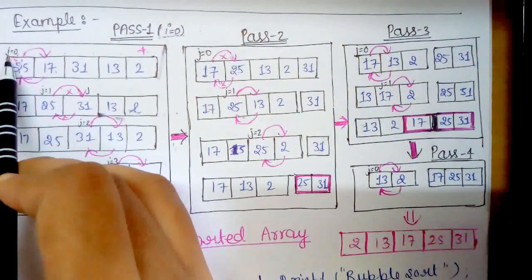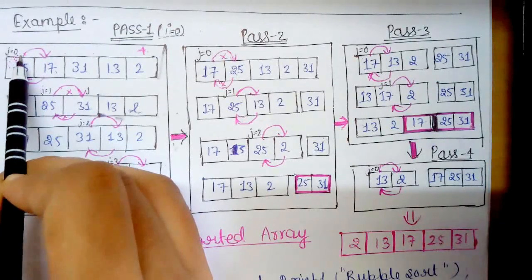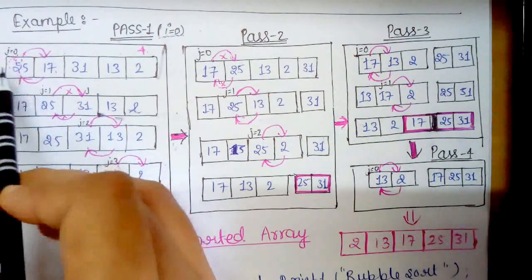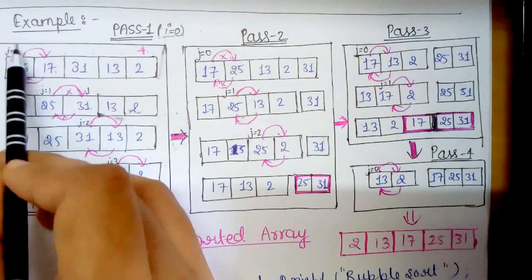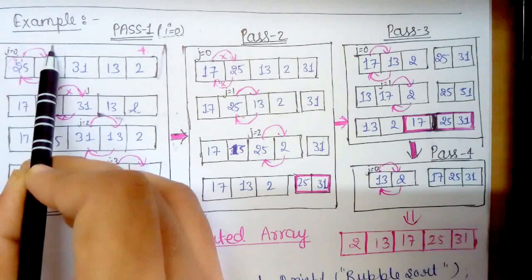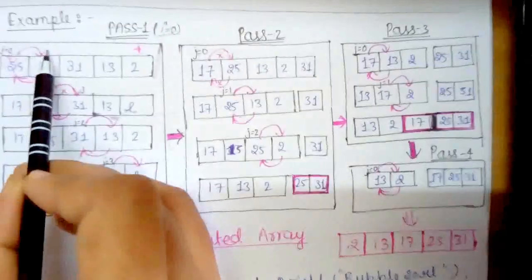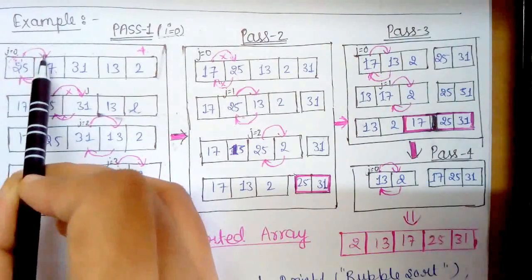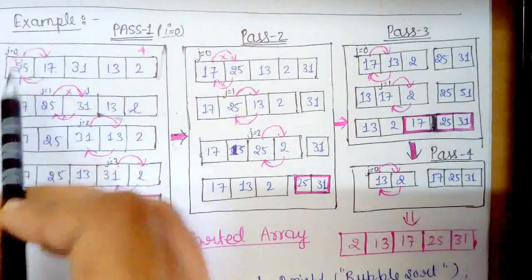I will start j from 0 and compare adjacent elements. If this is the jth index, this will be the j plus 1th index. The two elements I am comparing are the jth value and the j plus 1th value.